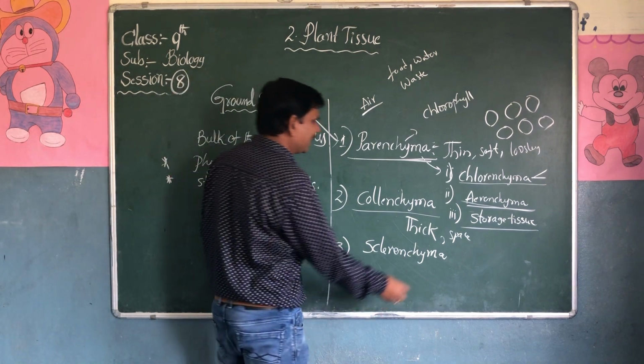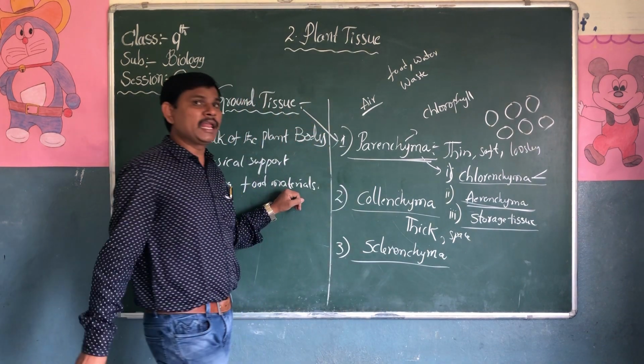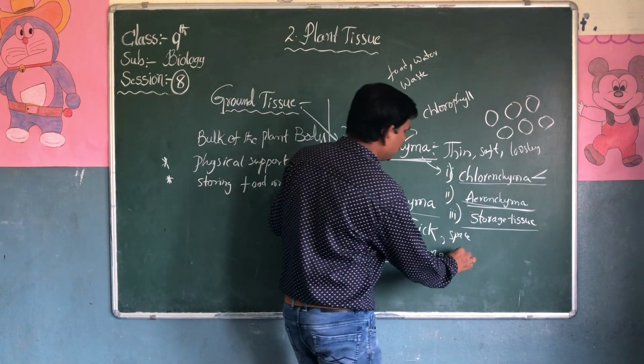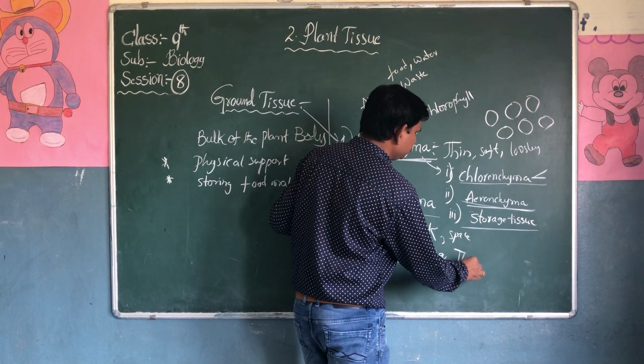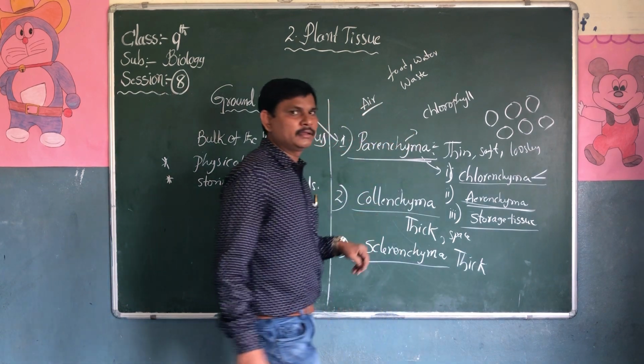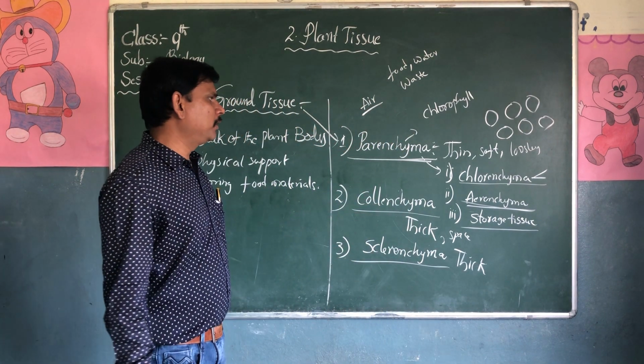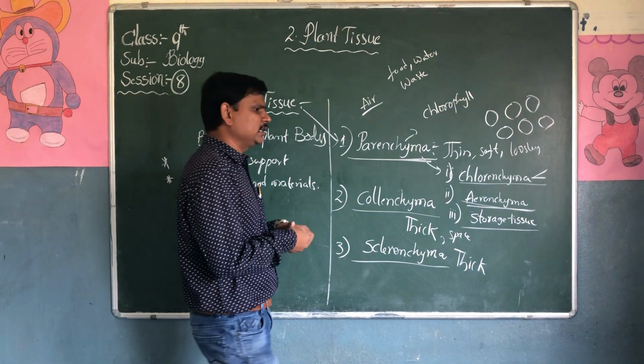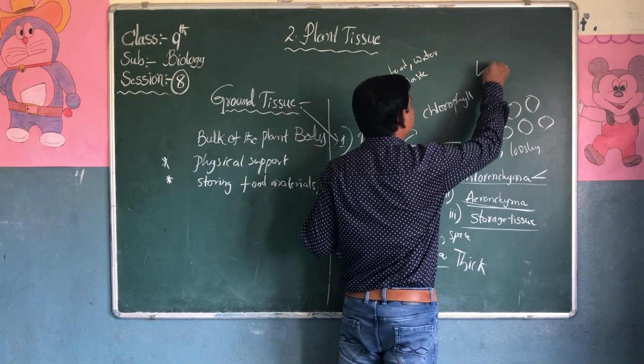Next one is sclerenchyma. Sclerenchyma also has a thick wall, but there is no gap between one cell and another cell.